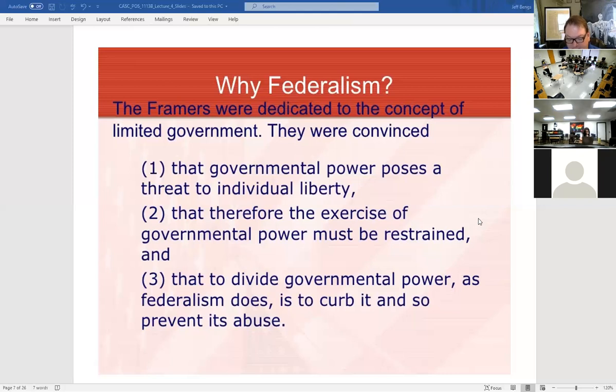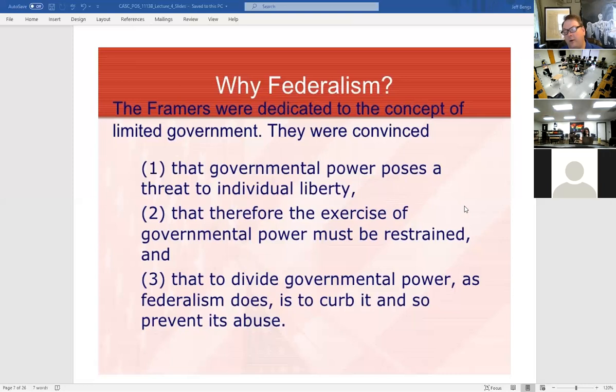The president in the executive branch cannot abuse their power because the powers have been divided, and there is the judicial branch and there's the legislative branch to curb it or keep it in check. So that's why our framers were so dedicated to federalism.